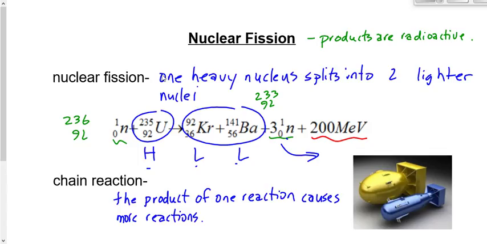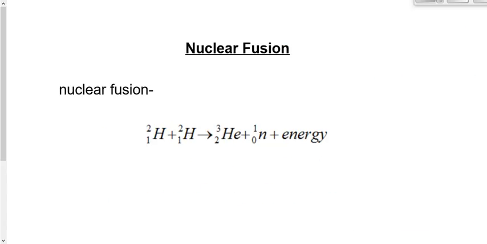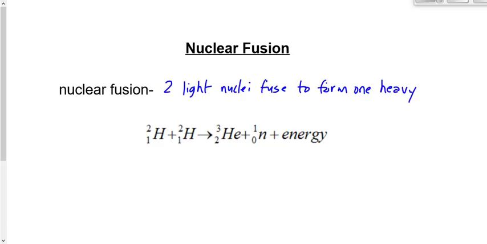Nuclear fusion is our other type of nuclear reaction that we're going to talk about today. Nuclear fusion occurs when two lighter nuclei fuse to form one heavy nucleus.